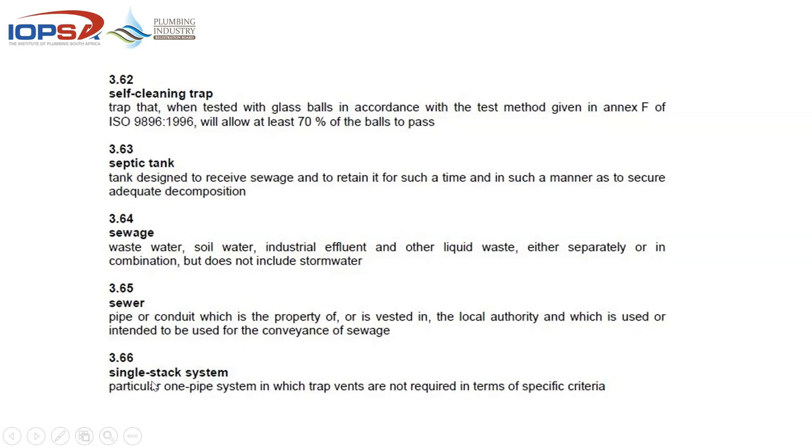Single stack is a particular one-pipe system of which trap vents are not required in terms of specific criteria. So if you look at our LMS system or you look at our IOPSA YouTube, you'll find that there are 13 requirements for you to comply with a single stack system. Then that would be the specific criteria that you need to have a single stack system done properly.